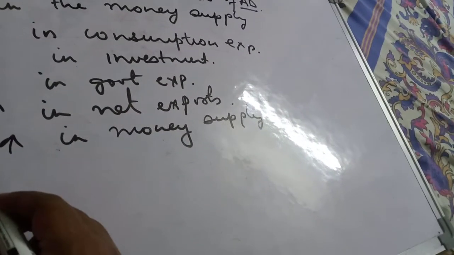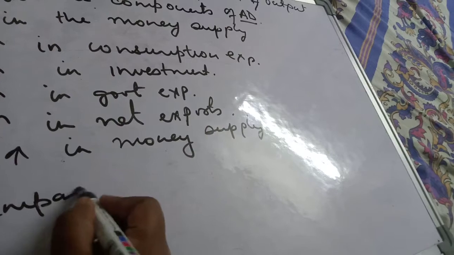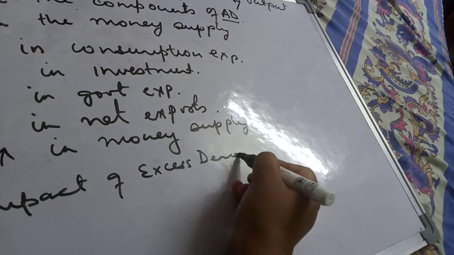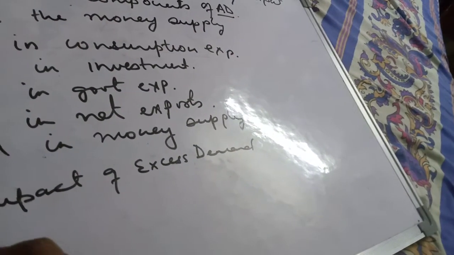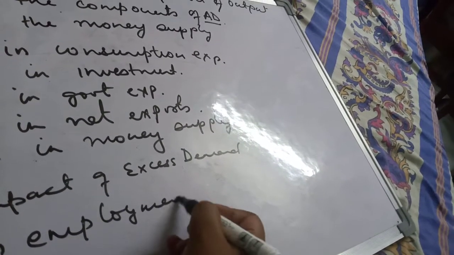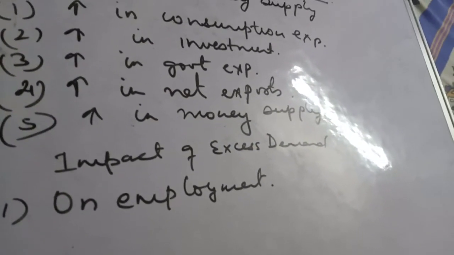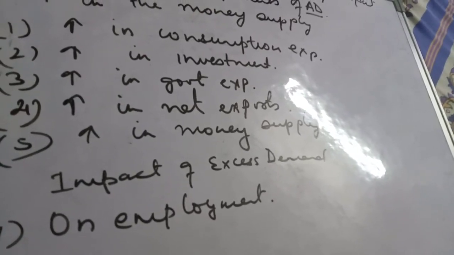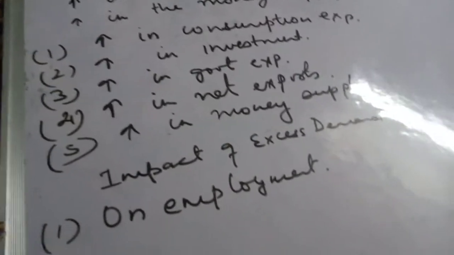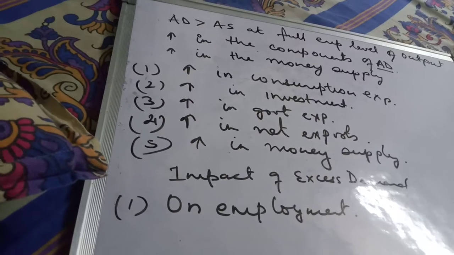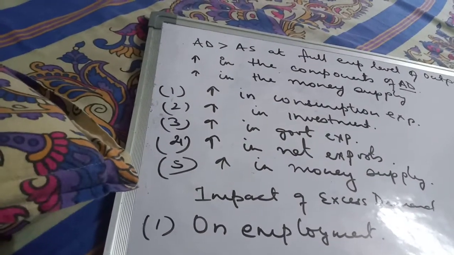What is the impact of excess demand? Let's first see what can happen to employment. Since there is already full employment of resources, there cannot be an increase in the employment level, because the resources are fully utilized and the aggregate supply is at its maximum.